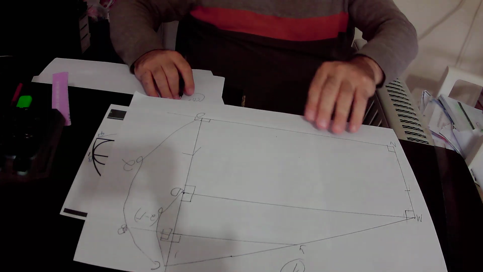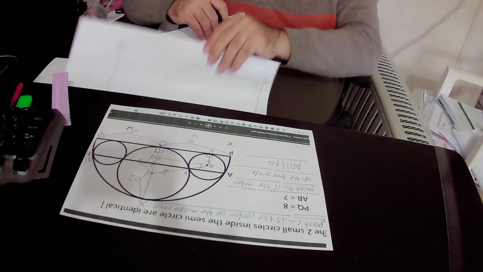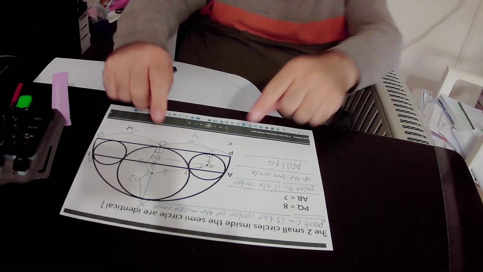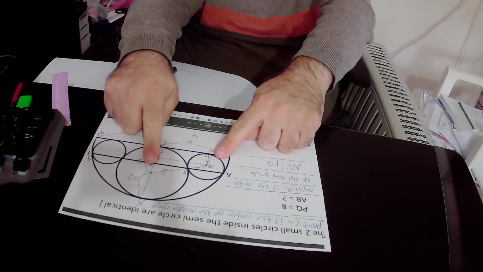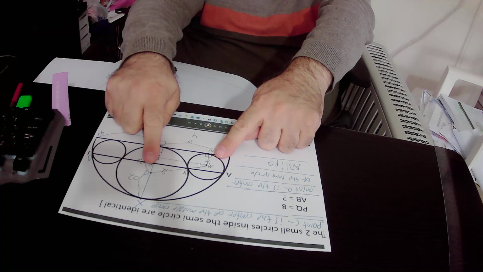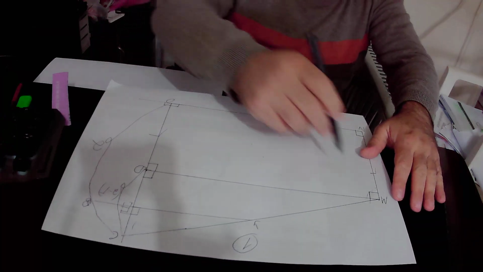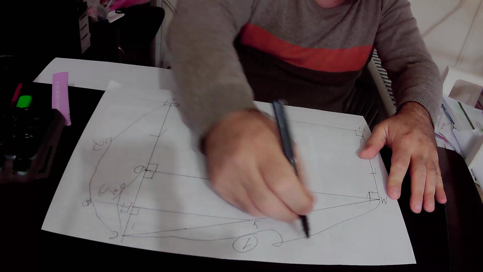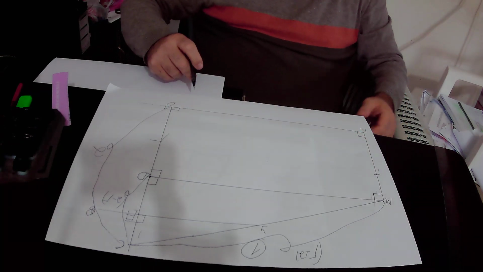What is the value of MC? We've already found out that MC, that is actually the distance between the centers of the small circle and the middle circle, equals R plus 2, the sum of the lengths of the radiuses of those circles. So you can write here that MC equals R plus 2.